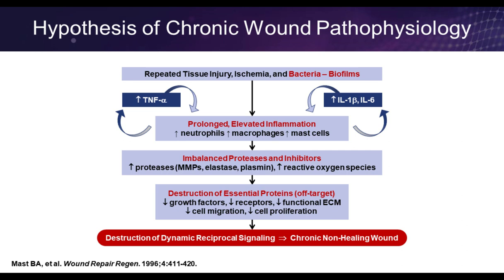But instead of those proteases only removing the denatured matrix, they begin to have off-target effects, and they accidentally and devastatingly degrade growth factors, their receptors, as well as functional extracellular matrix components. This leads to a reduction in cell migration and cell proliferation, which we see clinically as a destruction of the dynamic reciprocity signaling that makes an acute wound convert into a non-healing wound.